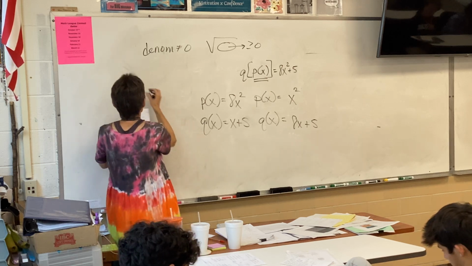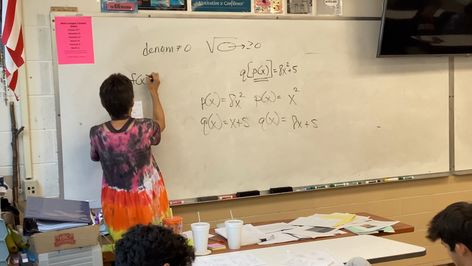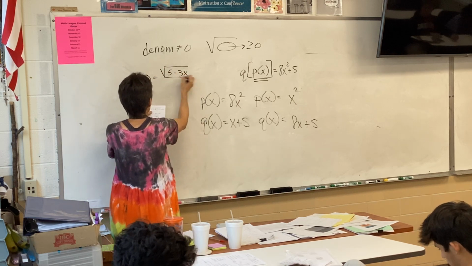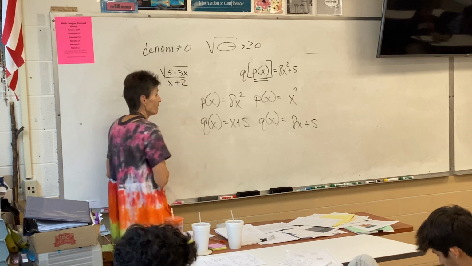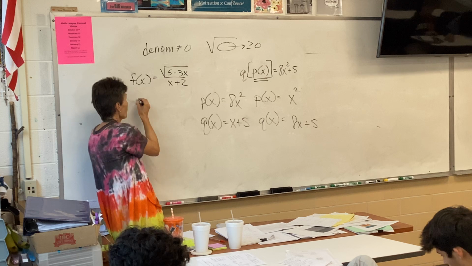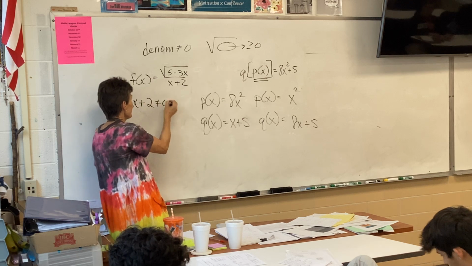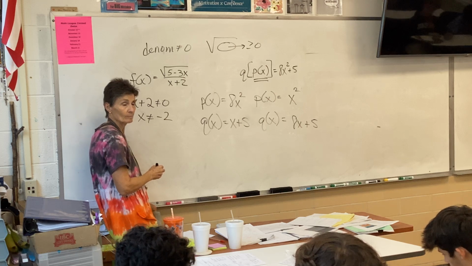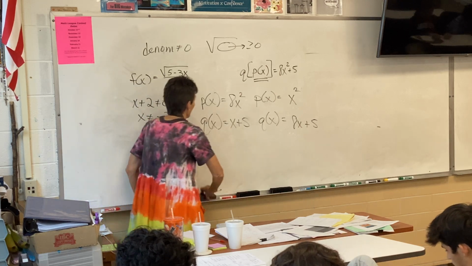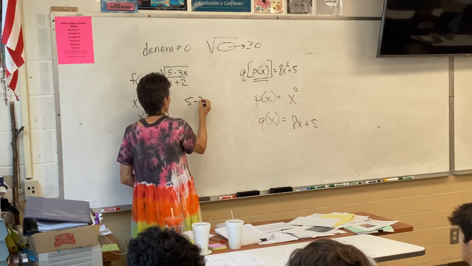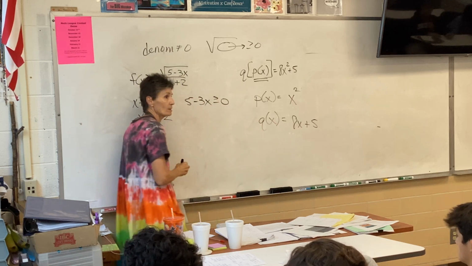So I look at the first one. It has a denominator. So x plus 2 cannot be 0, which means x cannot be negative 2. It also has a radical, so 5 minus 3x has to be bigger than or equal to 0.